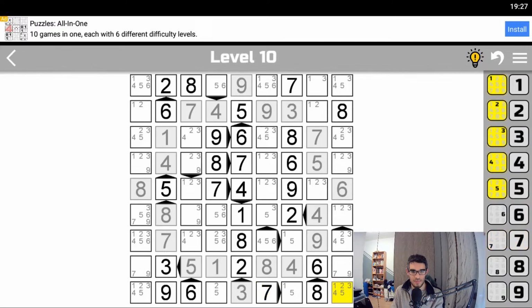So that's something that I didn't spot before. 6 can go here and here. 1 can go in different spots, so I can't know for sure about that. 2, 3s, 6s, yeah. 1s, 9 also in these 2 spots. Yeah, that's weird because I have like a 6, 5, 6, 7, 8. I need 9 and then the lower numbers, but I can't know for sure where those numbers are because they are just repeated.